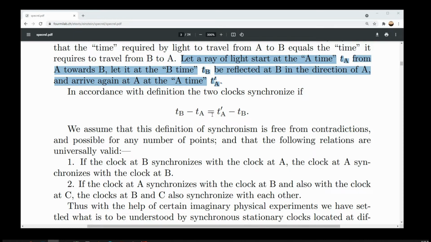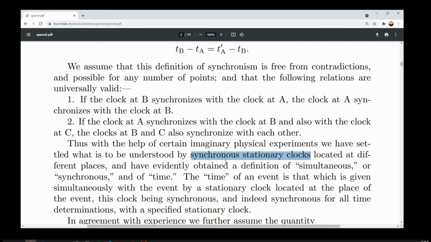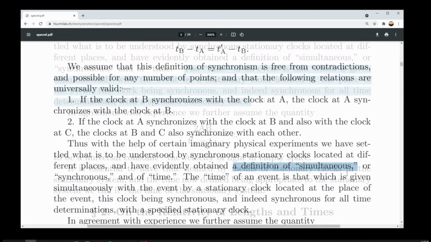If they're equal to each other, then we have this definition of synchronism. And these synchronous stationary clocks give us the definition of simultaneous.